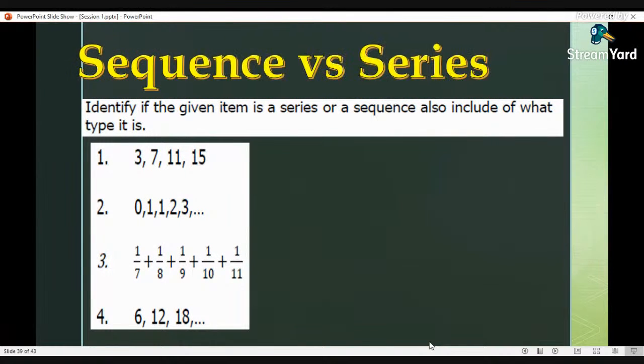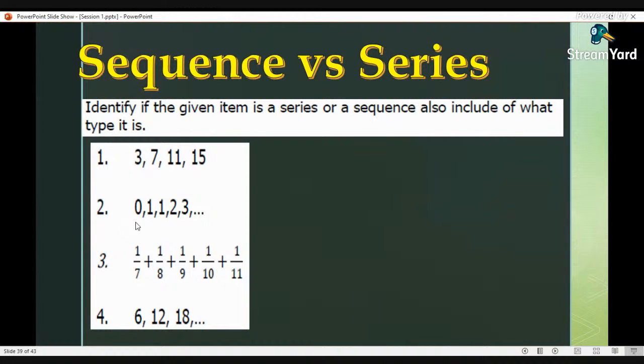Okay? So, identify whether a given is a series or a sequence. Take note that the first is separated by commas, and therefore we can say that this is a sequence. And what type of sequence is this? 7 minus 3 is 4, 11 minus 7 is 4. So it has a common difference, therefore it is an arithmetic sequence.